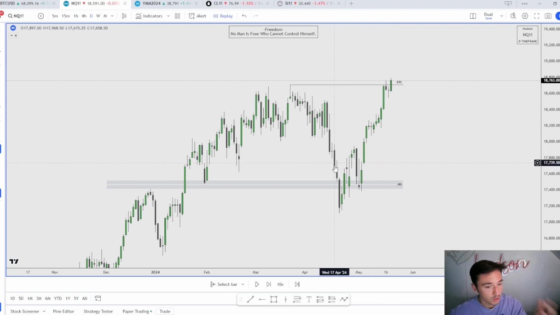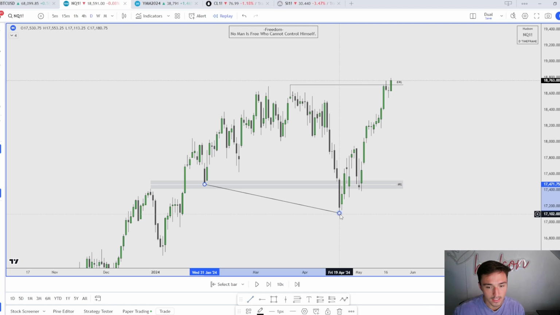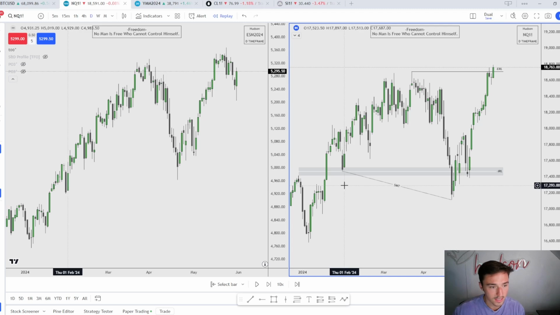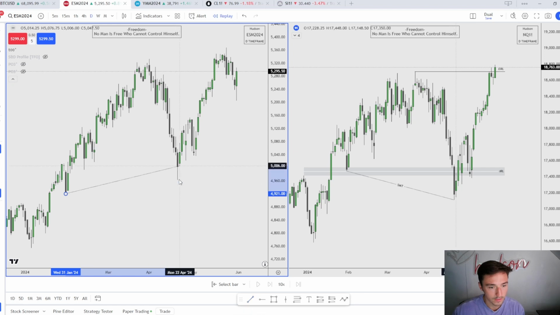And what's another thing you want to be looking for whenever we tap into that higher time frame key level? SMT, right? And if we take a look right here, this is where ES and NQ had a fat SMT. If we go right here, we can see ES has never taken this low. ES did not take this low, right?